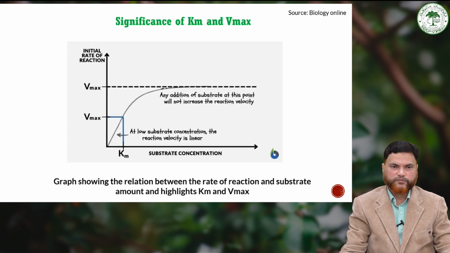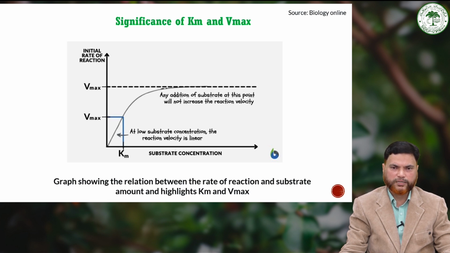Now, what is the significance of the Michaelis-Menten constant and Vmax? Both Km and Vmax are very important parameters in enzyme kinetics and provide valuable insights into the activity of enzymes and their regulation.